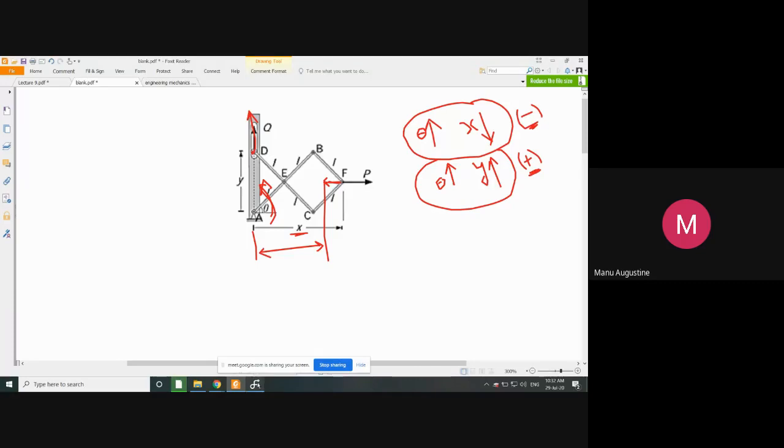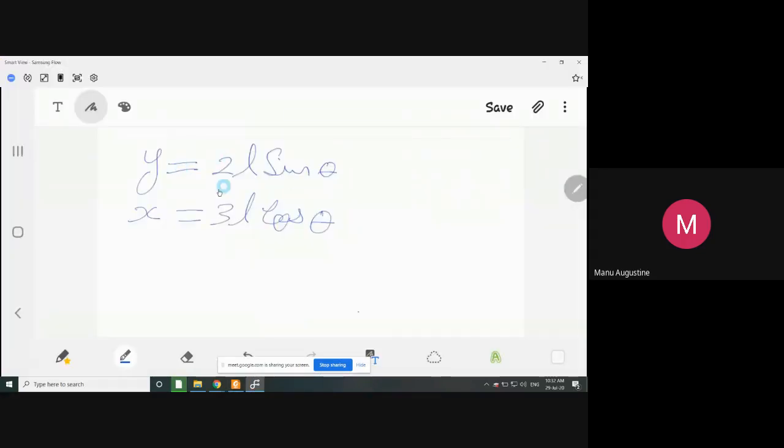So now what I will do is, I will correct these two equations by putting the proper sign also. I see that x and theta have a reverse relationship, so I will correct this equation by putting a negative sign here, minus 3L cos theta. What about this one? Do I have to change this equation or should I let it remain the same? y and theta, should I put a minus sign or let it be positive only?